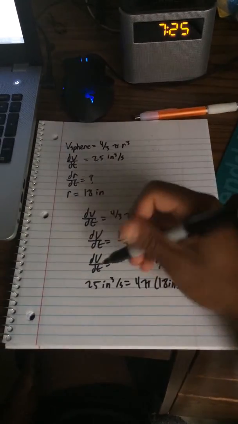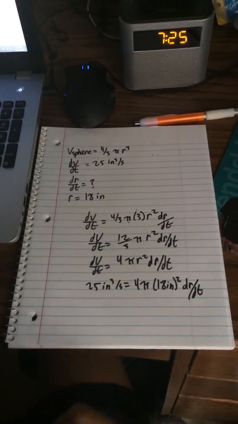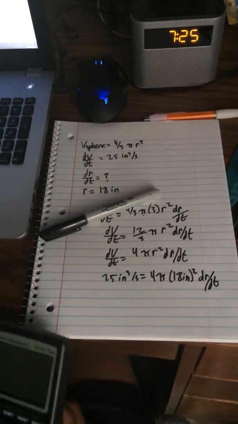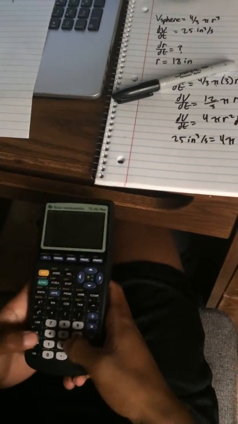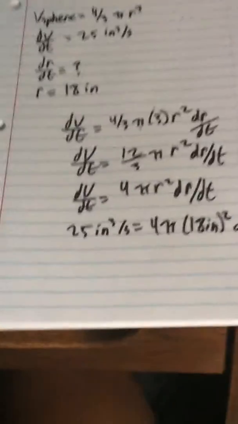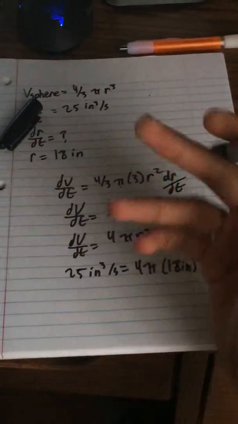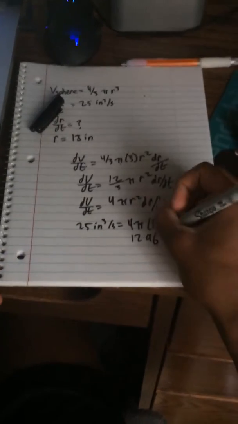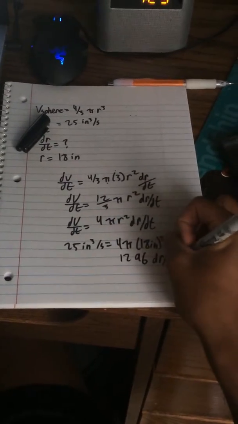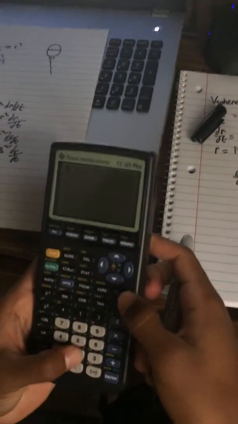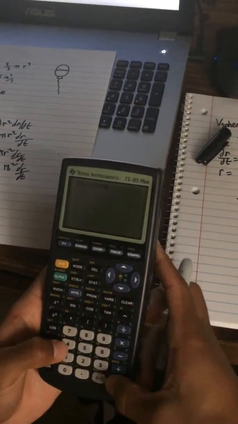So next we can just use a graphing calculator to figure out the constants and solve for dr dt. So 4 times 18 squared, we get 1,296. dr dt is going to equal 25, and so we just divide 25 by 1,296.